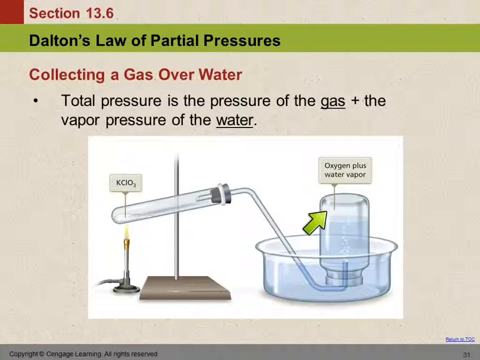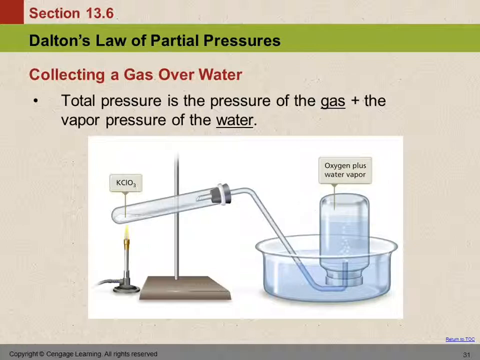But we don't just have oxygen, because there's water in this. It kind of looks like a jar, doesn't it? There's water in this jar, and water evaporates. And so as we're doing this experiment, some of this liquid water is evaporating, and there is water vapor, water in the gas state, that is also present in here with the oxygen. So we have a mixture of gases. We have the oxygen and we have water vapor.